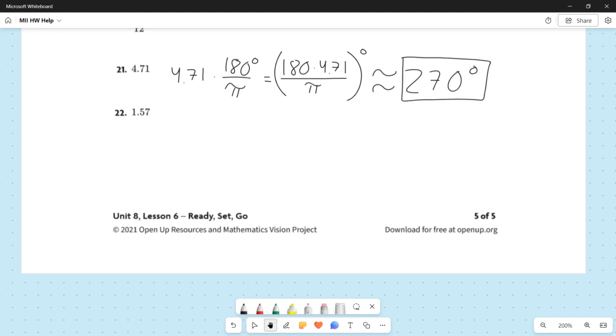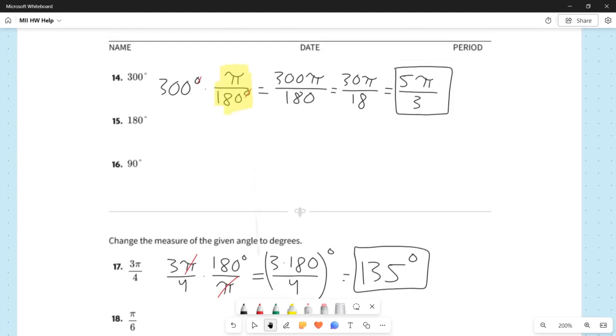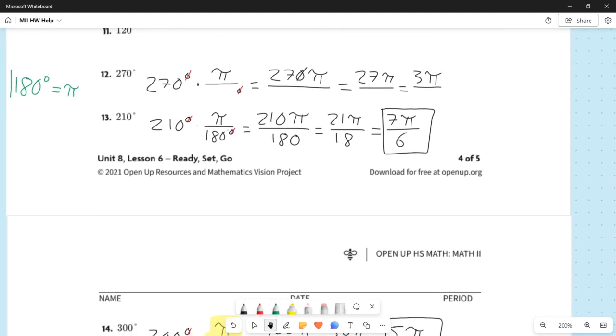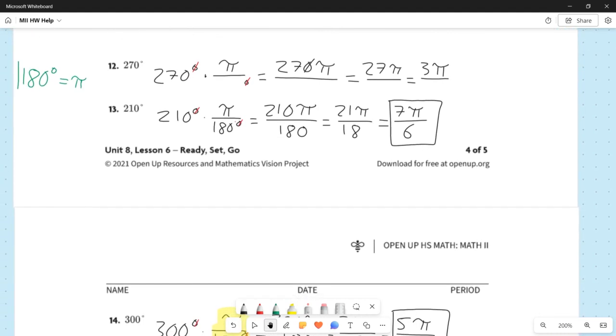And before we go, if I go all the way back up to question 12, notice that I had erased some stuff here, but this was our final answer right here. So notice that for question 12, our original question was 270 degrees, and our final answer was 3 pi over 2.